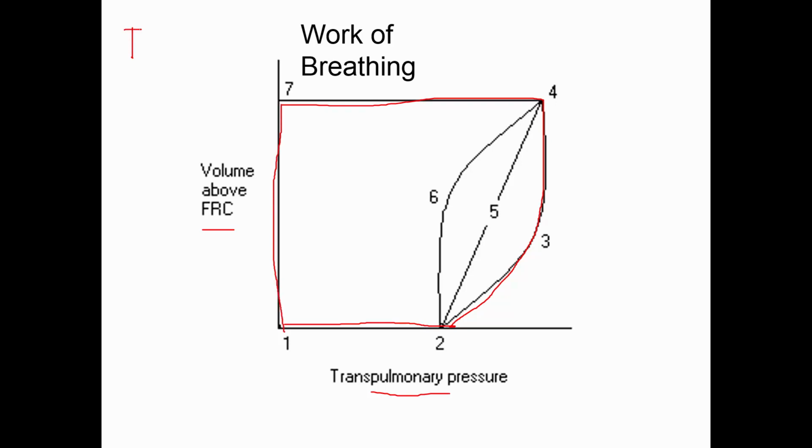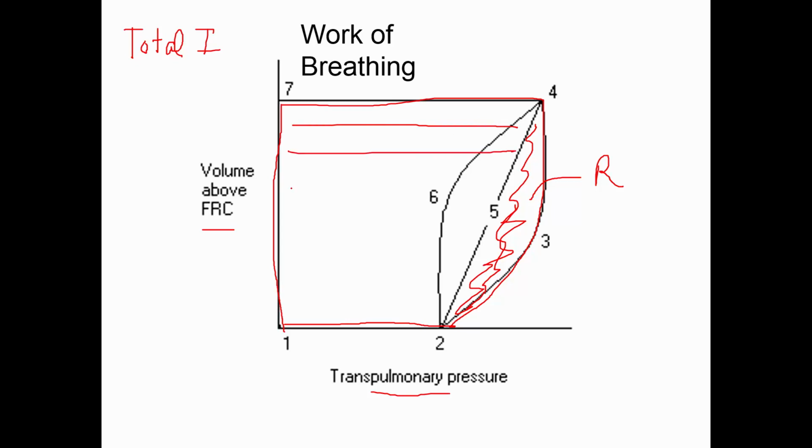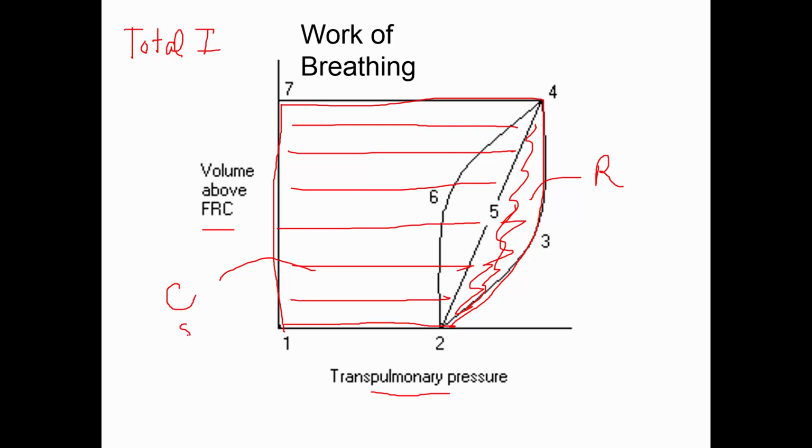That's the total work during inspiration. It's got two parts. It's got this little sliver here, that has to do with airway resistance. And then we've got this whole part here that has to do with compliance, which is surface tension and the tissue.